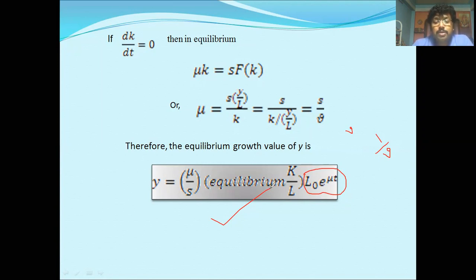By solving his equations, Solow found that the warranted rate of growth adjusts to the natural rate of growth by changing the real rate of interest and the real wage rate. So this is the fundamental understanding of the Solow model.